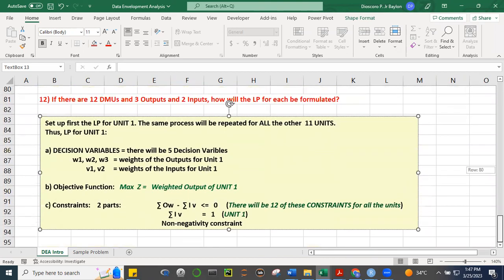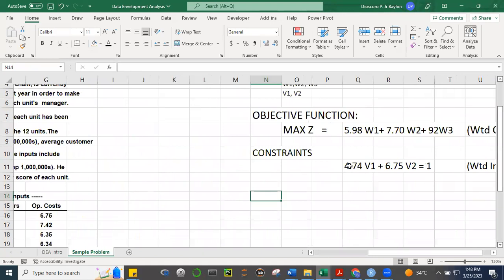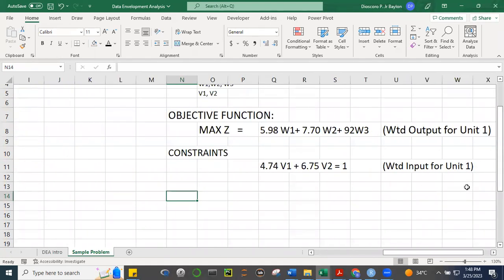In letter C, sir, the weighted output minus weighted input is less than or equal to 0. And then the next line is weighted input is equal to 1. Aren't they different, sir? This is only for the unit being considered. This is for unit 1 only. So this constraint we have written: this is the weighted input of unit 1 and it's being equated to 1.